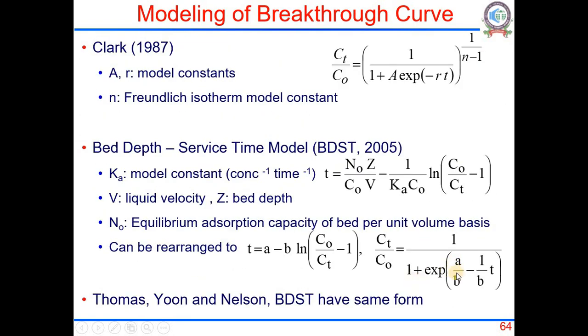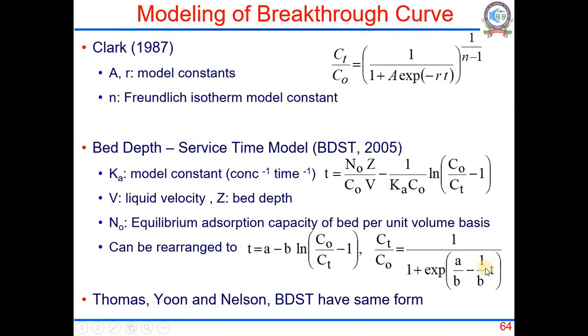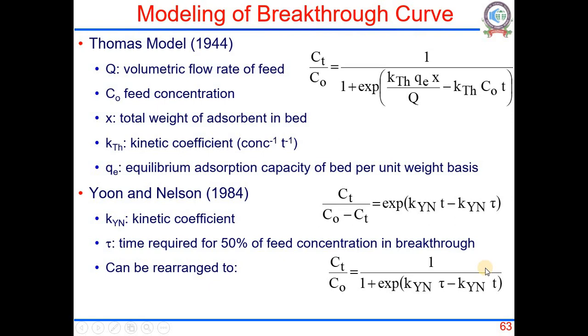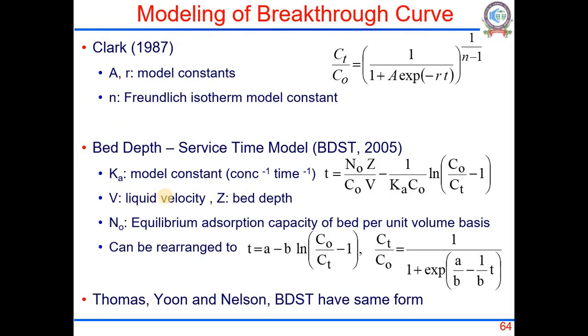A by B is KYN tau, and 1 over B is KYN, so KYN would be the reciprocal of this. 1 by 0.326 is 0.06, and tau would be 11.01. So now you can think of all these models: the Thomas model, the Yoon and Nelson model, and the bed depth service time model. Those are very similar forms. You can get one from the other.